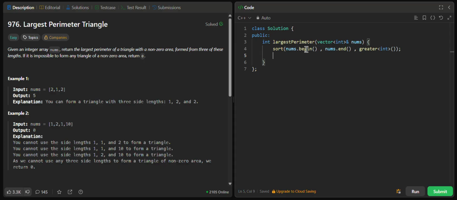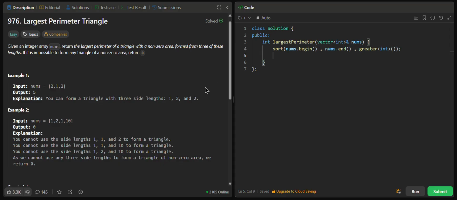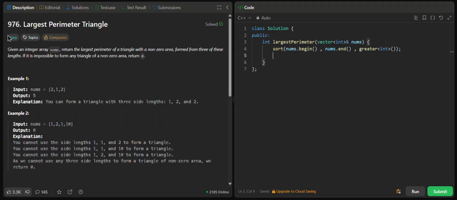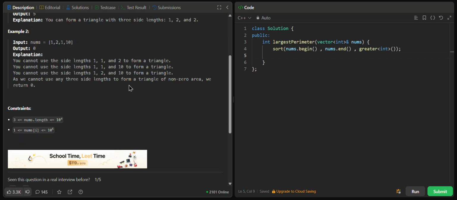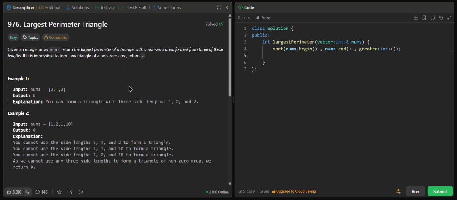Now we have to choose three sides. See, this is an easy question on LeetCode. If this question was a medium question, then I think the constraints would be small, or we would do a different solution.